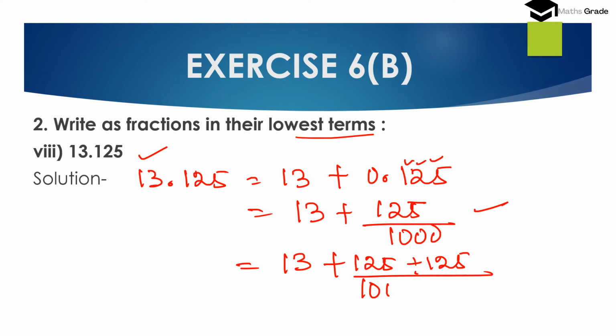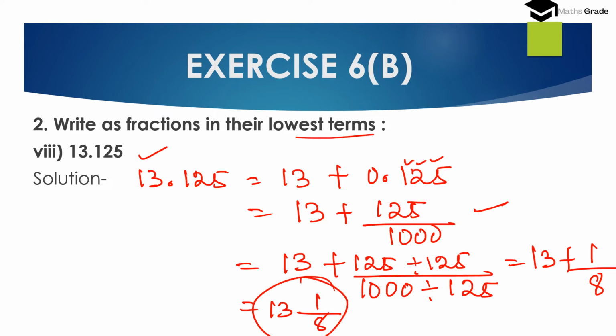Now 125 divided by 125 is 1, and 1000 divided by 125 is 8. Now 13 plus 1 divided by 8 is 13 and 1 divided by 8, and 13 and 1 divided by 8 is in the lowest term, that is the simplest form of the given decimal 13.125.